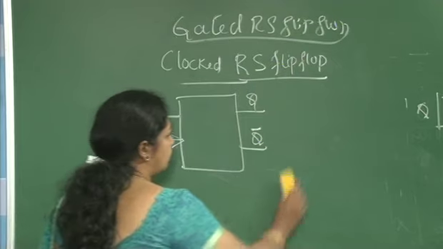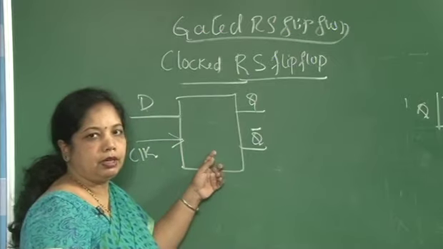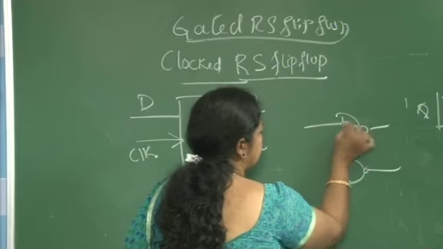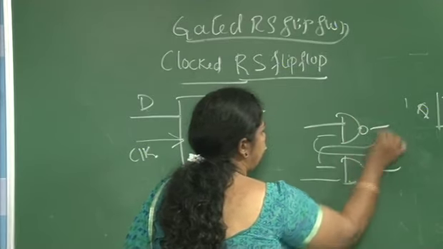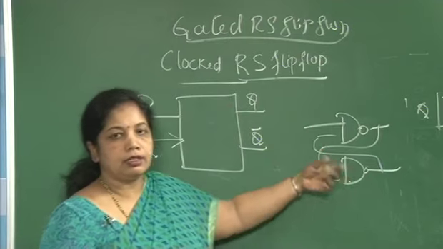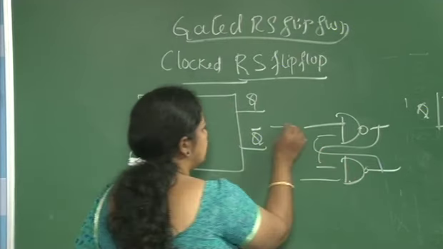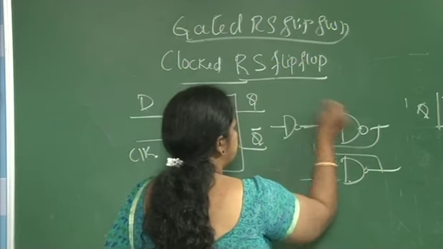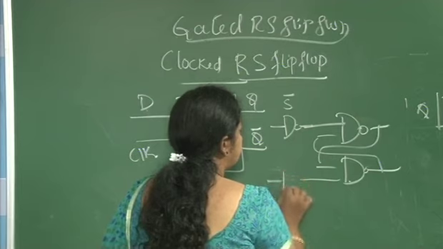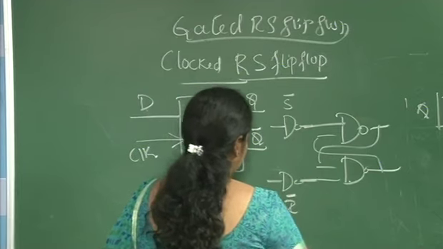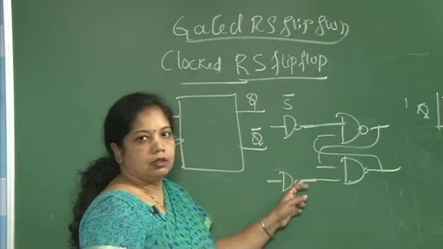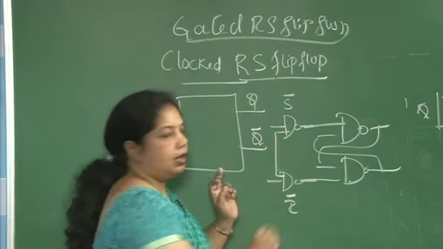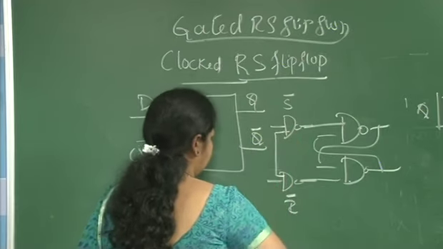So, how is the D flip flop built? As usual, we have SR flip flop built through NAND gates, either NAND gates or NOR gates. So, I connect this through the gated. This is S bar, this becomes S, this is R bar.